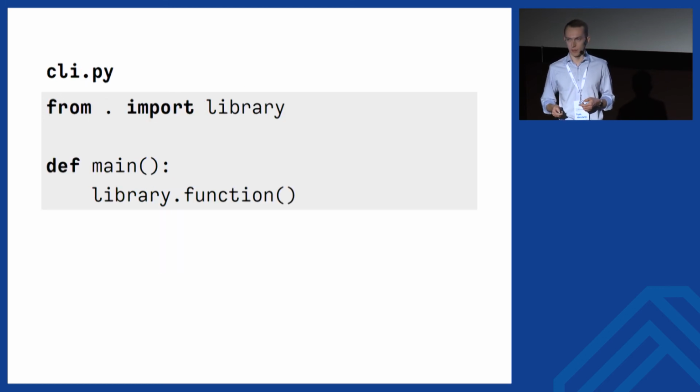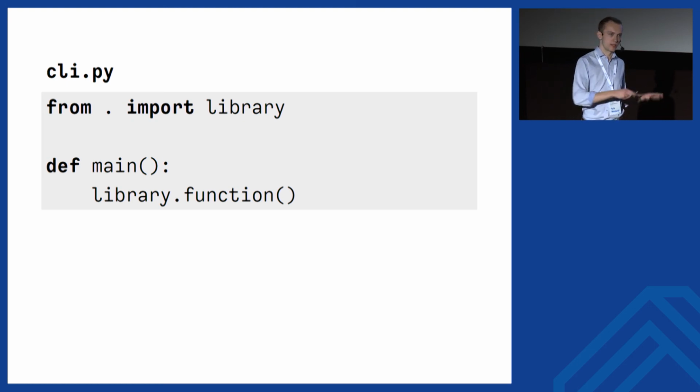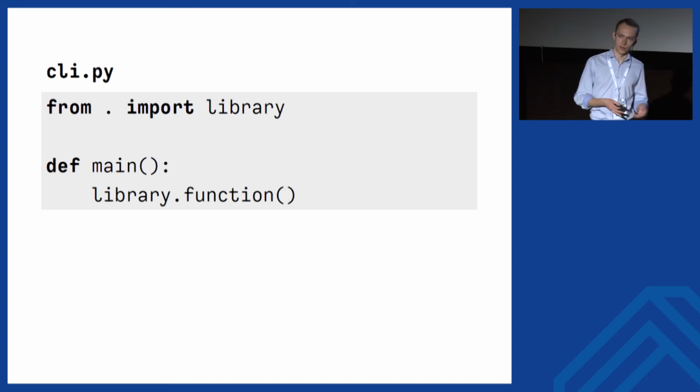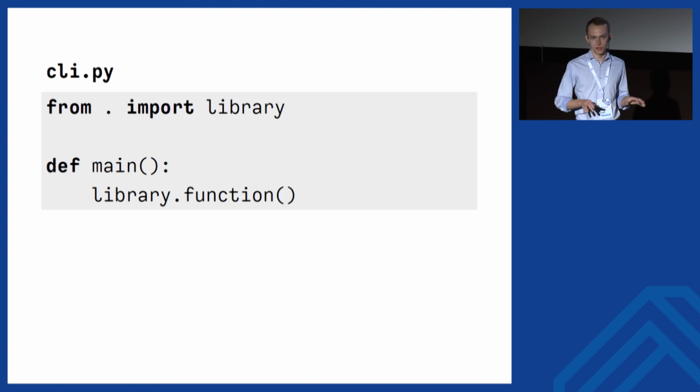So in the cli.py, you basically place the code that you usually would write, like your script. So you have your main function, which runs some function from your library, and obviously you probably have some command line arguments, so you want to use Click here, etc. So you basically define your script here.